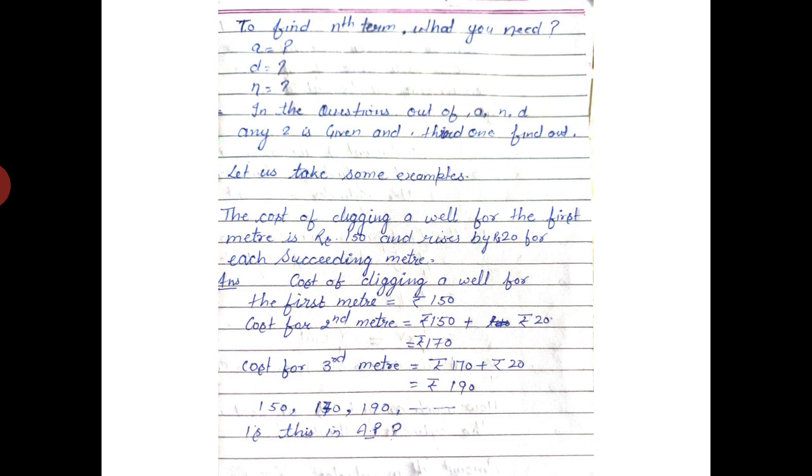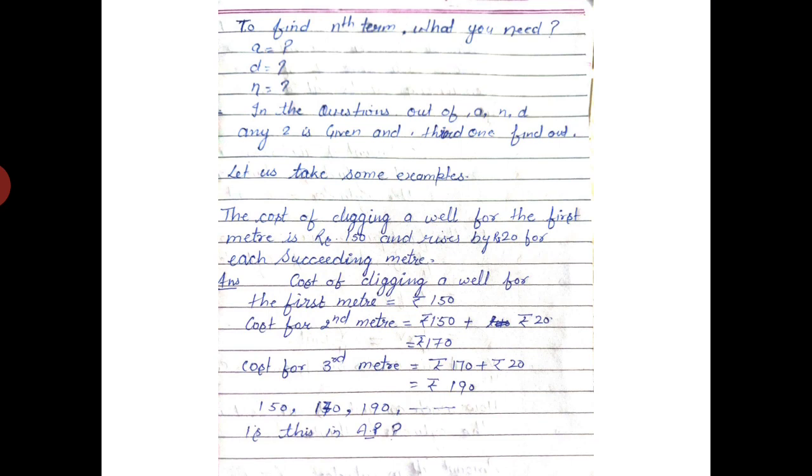The first question: the cost of digging a well for the first meter is 150 rupees and the cost rises by rupees 20 for each succeeding meter. What does that mean?